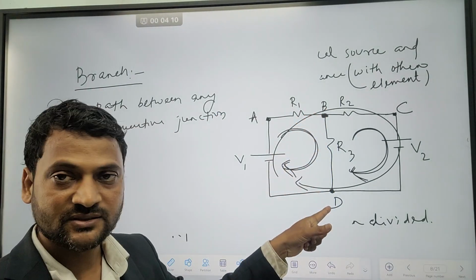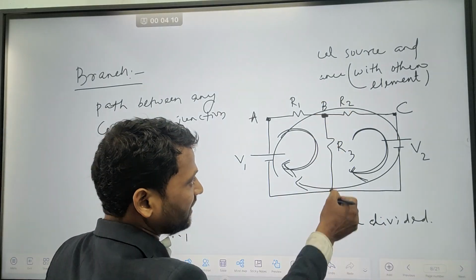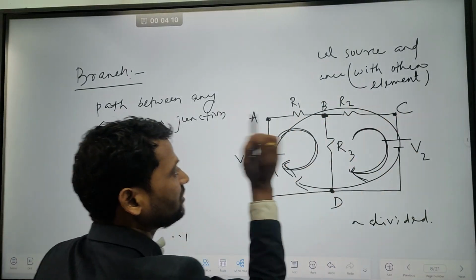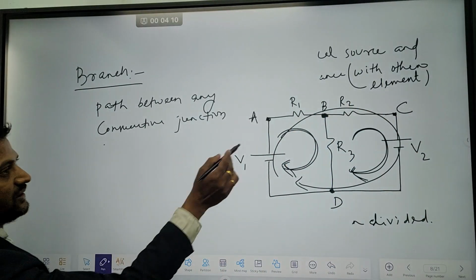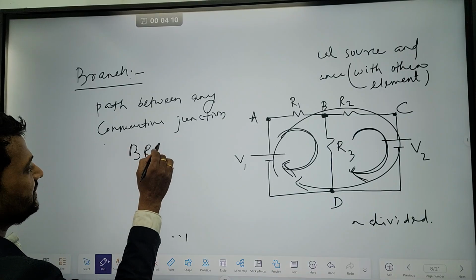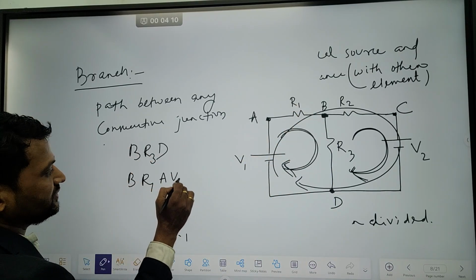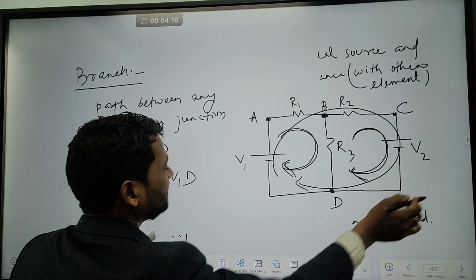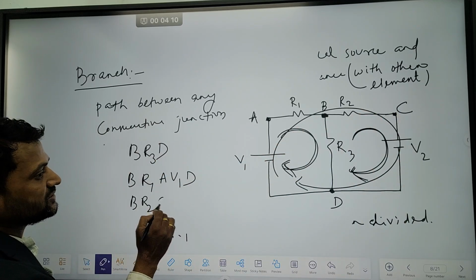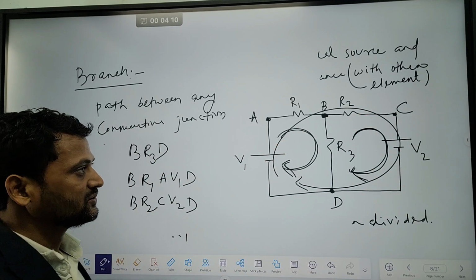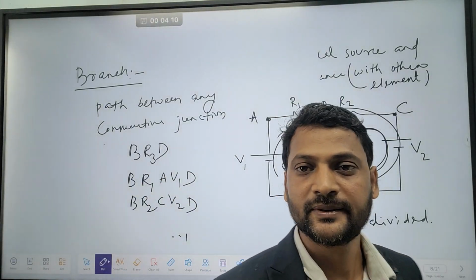B is a junction, D is a junction. So there are how many paths? ये एक path है, ये भी एक path है, ये भी एक path है. So how many paths? 3 paths. मतलब directly we can write down B R3 D, ये एक path है. Or you can write down B R1 A V1 D, and similarly B R2 C V2 D. So that is branch. ठीक है.